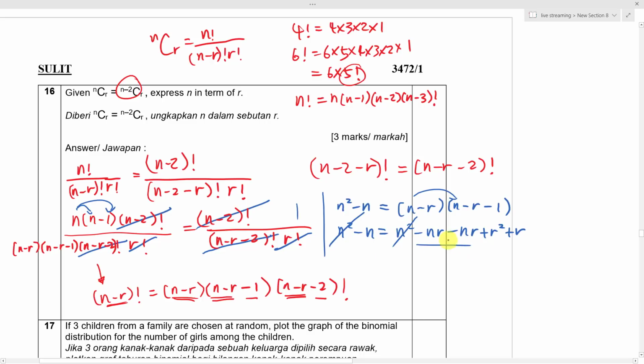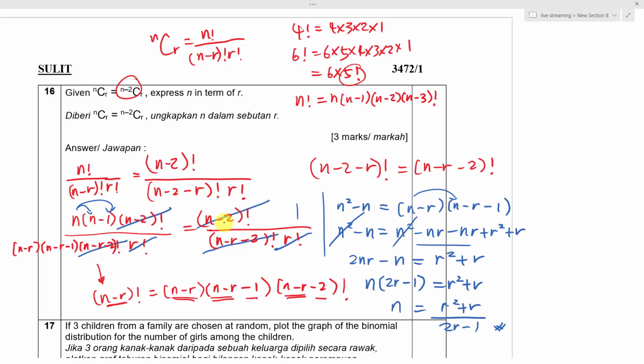Then this one I have negative 2nr, right? So move here with positive 2nr minus n equals to r squared plus r. And then I factorize out the n. This is 2r minus 1 equals to r squared plus r. So my n equals to r squared plus r over 2r minus 1. And I hope my answer is correct. This question is a bit crazy for 3 marks.